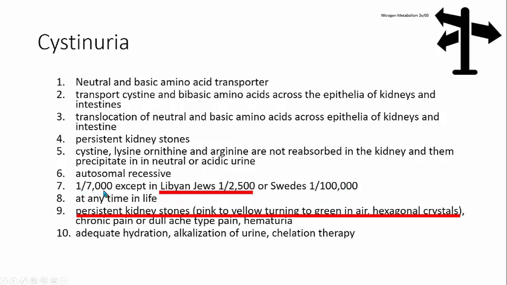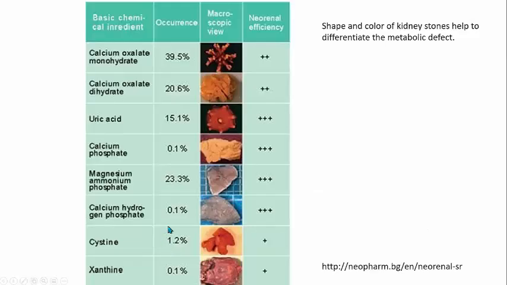The general population actually has a high frequency of cystinuria. It is a disorder you will probably see in your practice because of its high frequency, but it's extremely high frequency in Libyan Jews. I've included this slide in the presentation so you can see what these crystals look like. This is the cystine crystals. You can see they're extremely jagged.